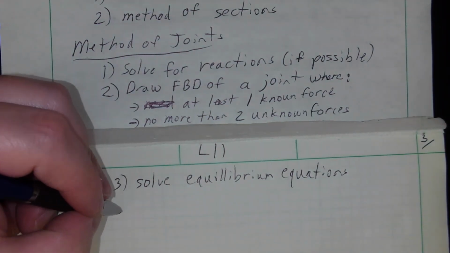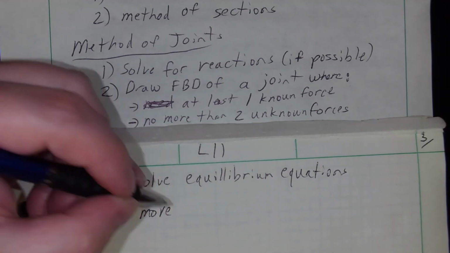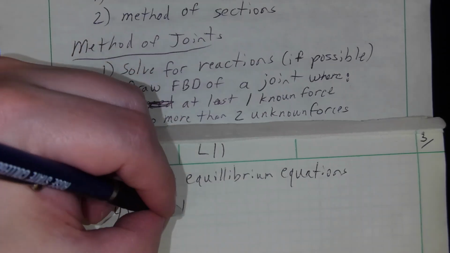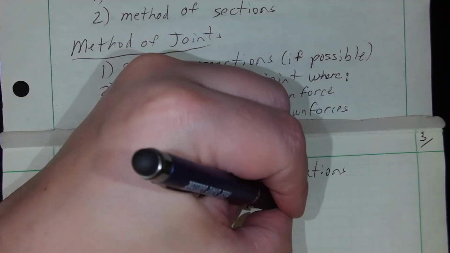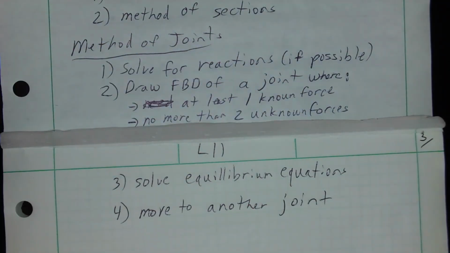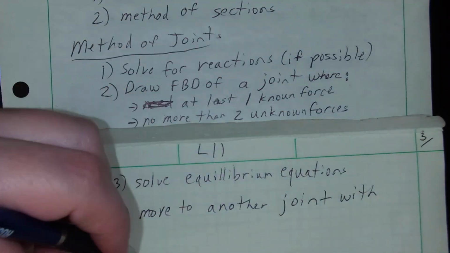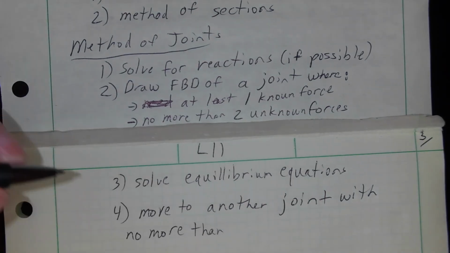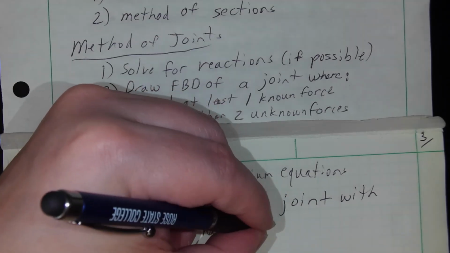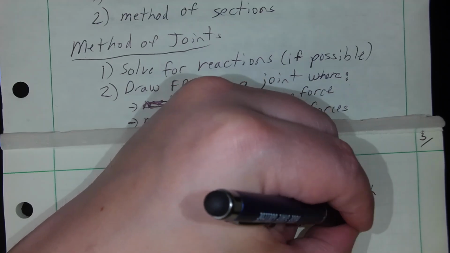And then step 4 is move to another joint with no more than two unknown forces.